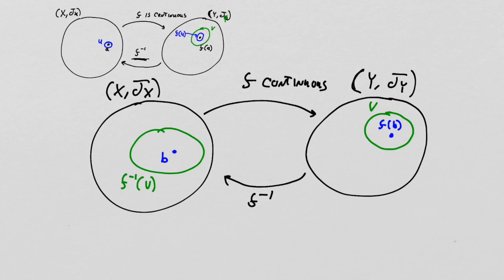This is why doing these proofs is good, because you get to remember all of these facts that you may have forgotten. But one really important property of an open set is that V being open is equal to its own interior, right? Every point of V is in the interior of V. And that's critical, because what that tells us right away is that there's a neighborhood around f of B that is totally inside of V, because every open set contains a neighborhood of every one of its points.